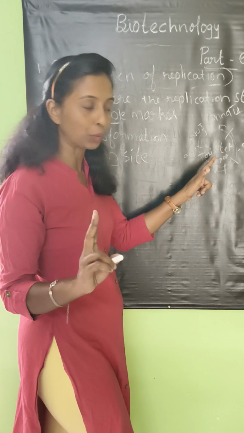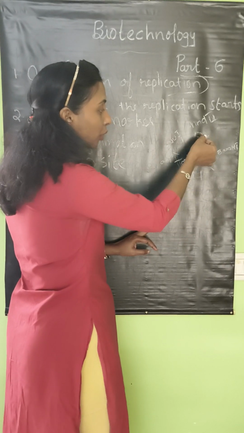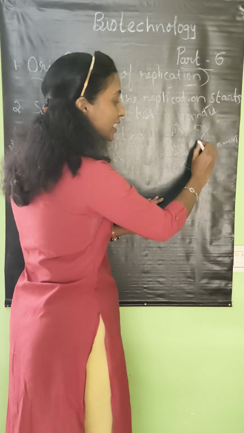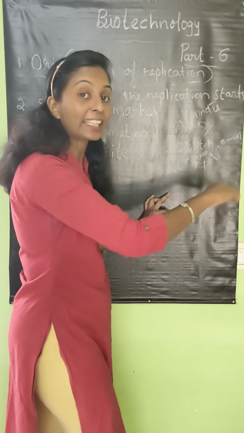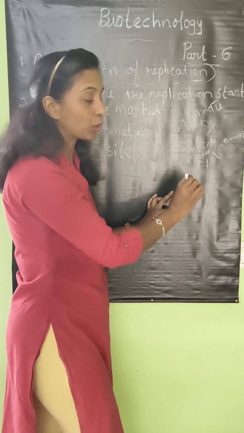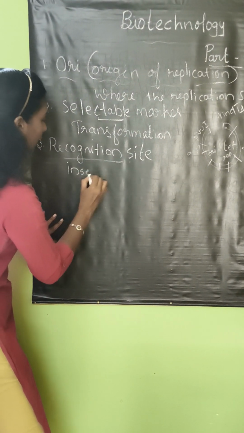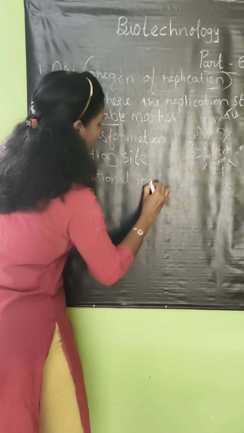Now what we are going to do here: with the help of BamHI we cleave and remove the tetracycline gene and insert our gene of interest. This process is called insertional inactivation.